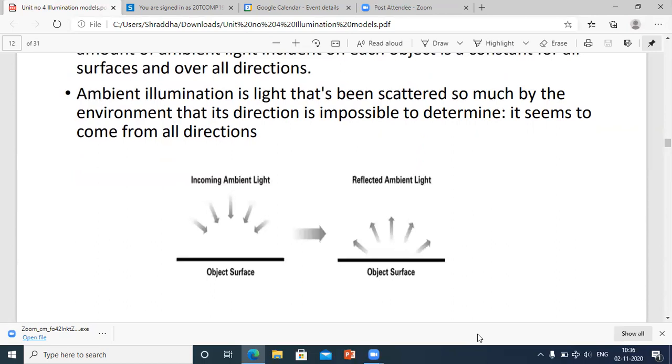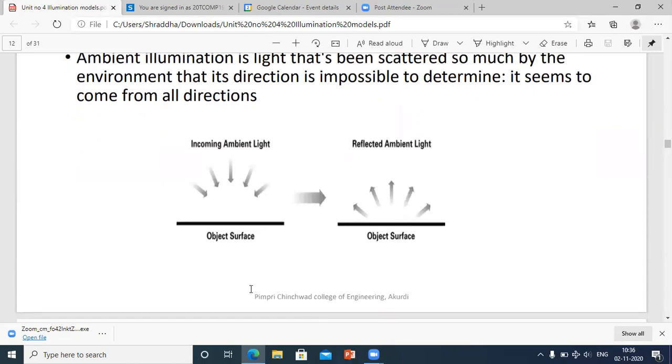This is a very important part, the figure: the incoming ambient light, this is the object surface, it is coming in a constant manner from all the directions. When it hits the particular surface, the result is that the object surface reflects the incoming ambient light in a distributed manner, in a constant way in all directions.